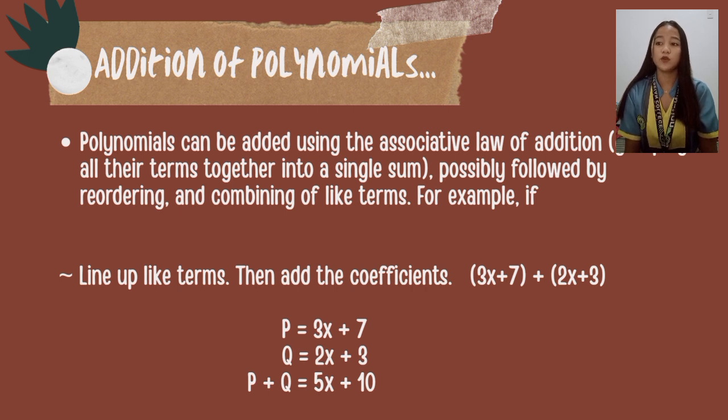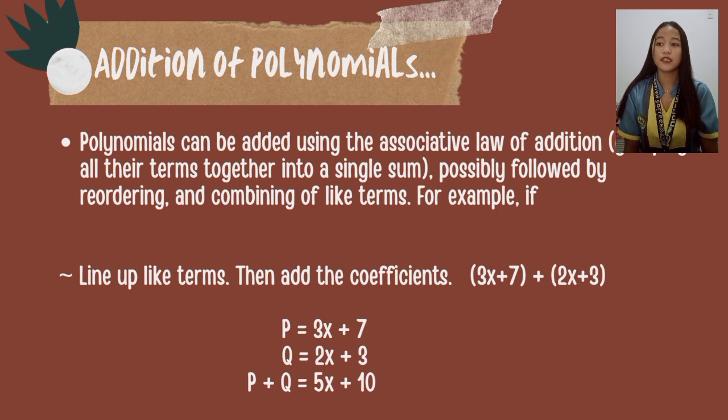And we will align which terms are like terms. When we say like terms, they have the same variables and exponents of variables. So here, the next polynomial, 2x plus 3, will have the 2x aligned to the bottom of 3x.